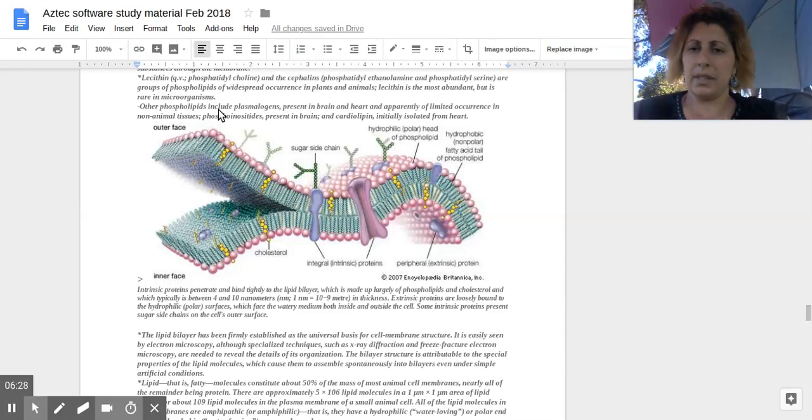Other phospholipids include plasmalogens, present in the brain and the heart and apparently of limited occurrence in non-animal tissues. Phosphoinositides are present in the brain. Cardiolipin was initially isolated from the heart.